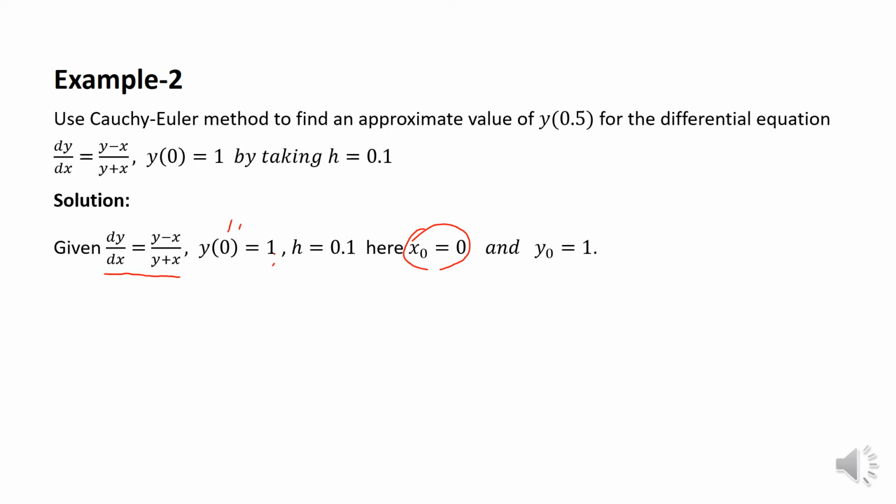Initial value is x naught equal to 0, and step length, that is h equal to 0.1.